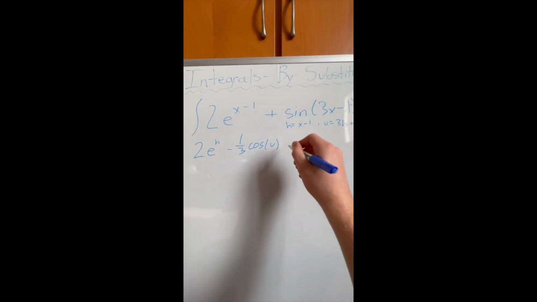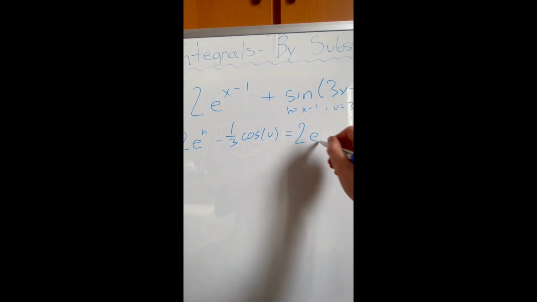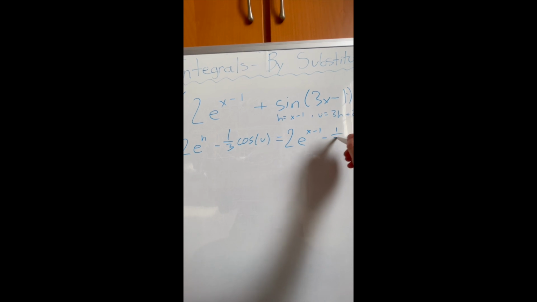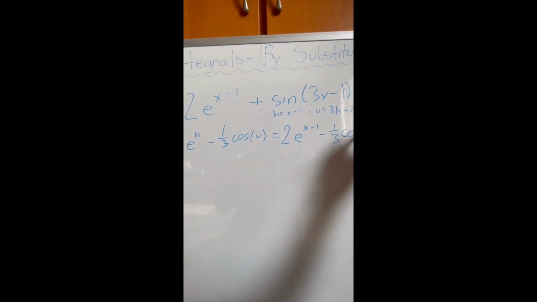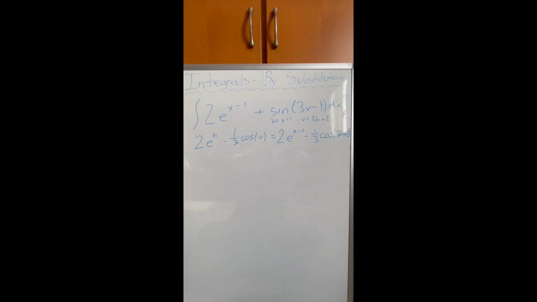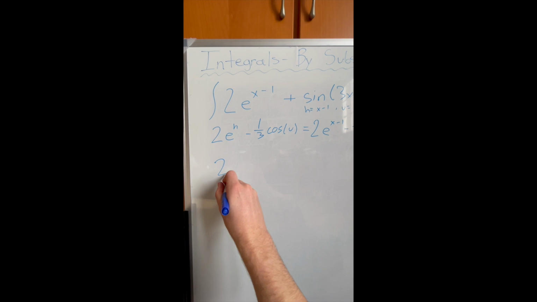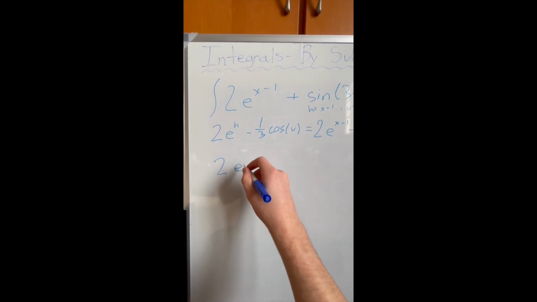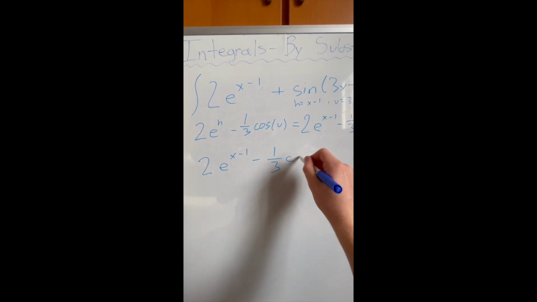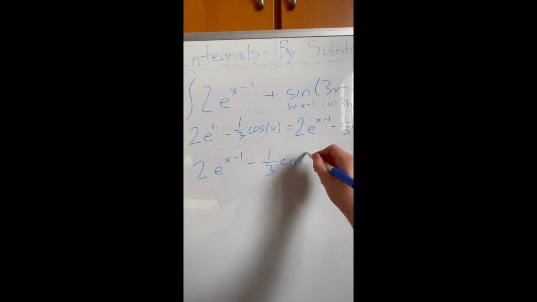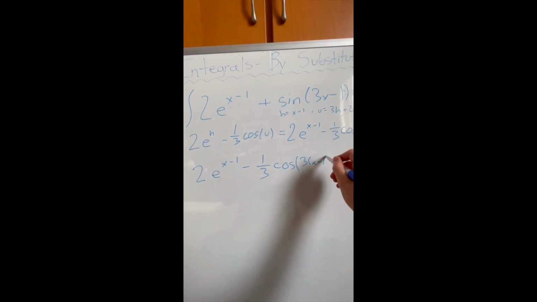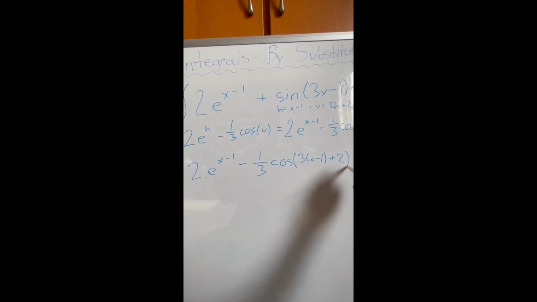Now let's substitute everything back. 2 times e to the power of x minus 1 minus 1/3 times cosine of u, which is 3h plus 2. We substitute h back here: 2 times e to the power of x minus 1 minus 1/3 times cosine of 3 times h, which is 3 times (x minus 1) plus 2.